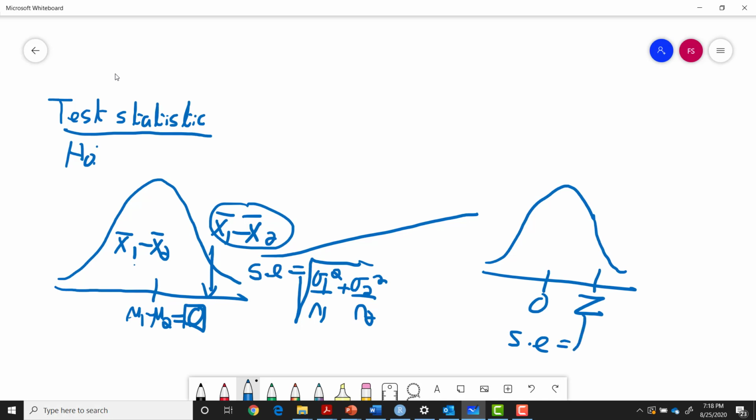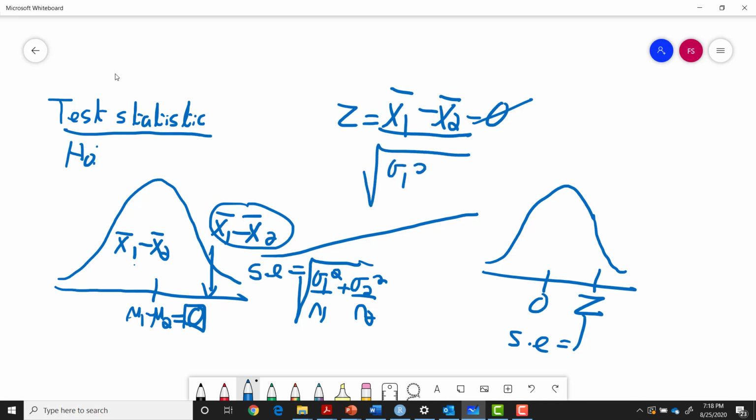So we have our x bar 1 minus x bar 2, and we're going to subtract the mean from this distribution, but whoa, it's going to be 0, which we don't have to worry about. And then we divide by the standard error. And that is my z statistic.